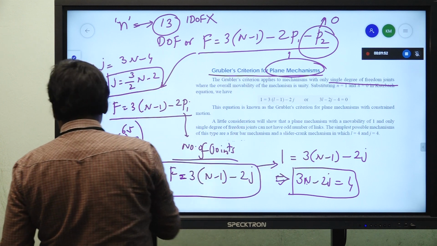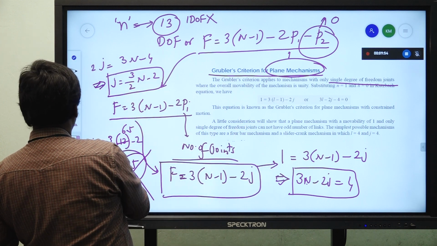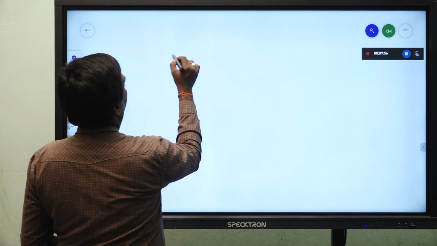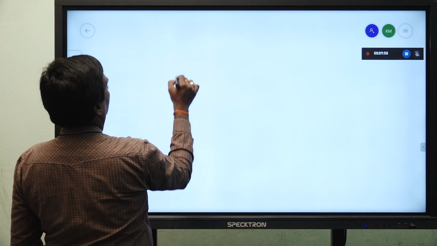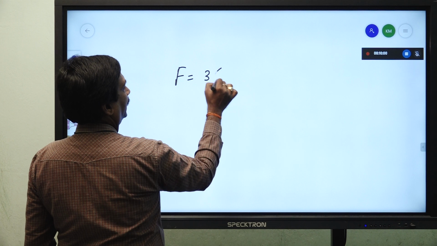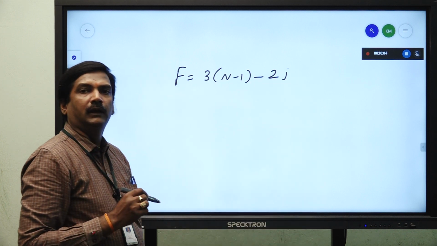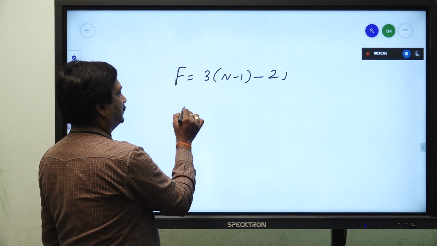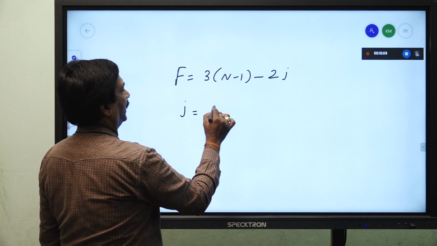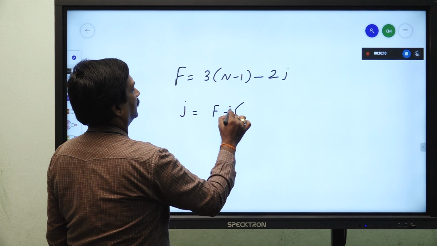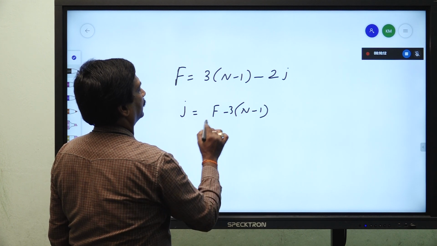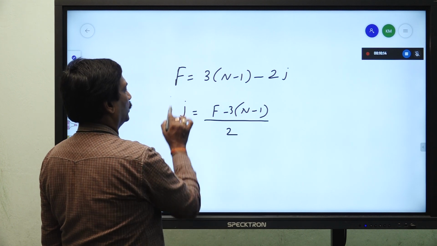F = 3(n - 1) - 2j. The number of joints j must be equal to (3(n - 1) - F)/2.